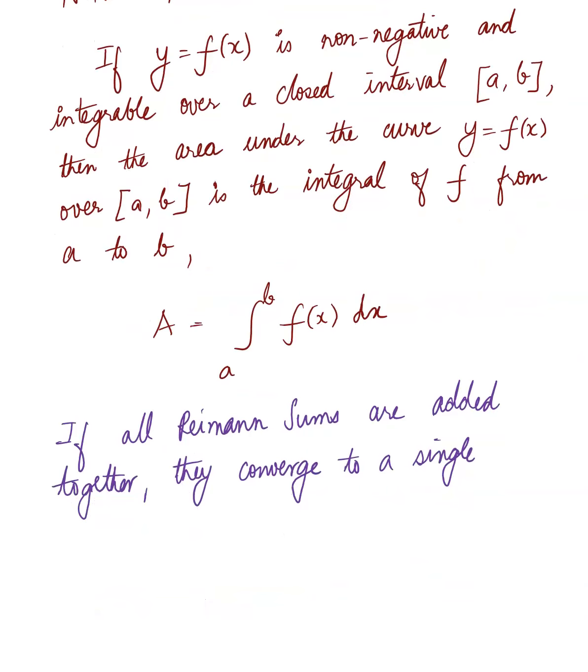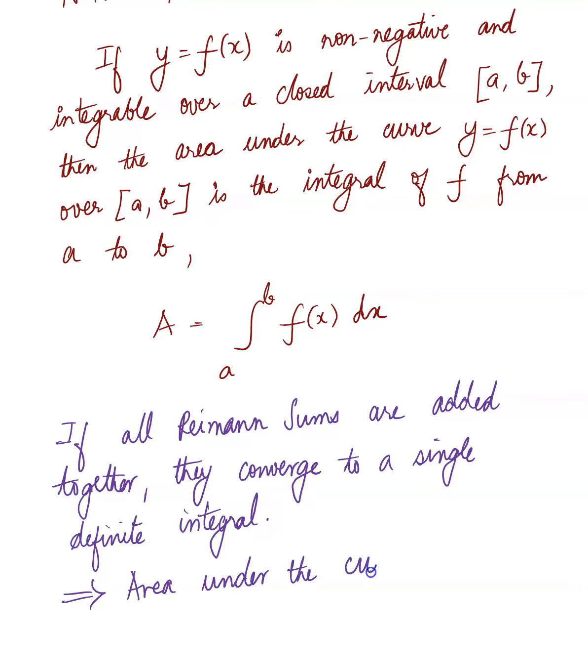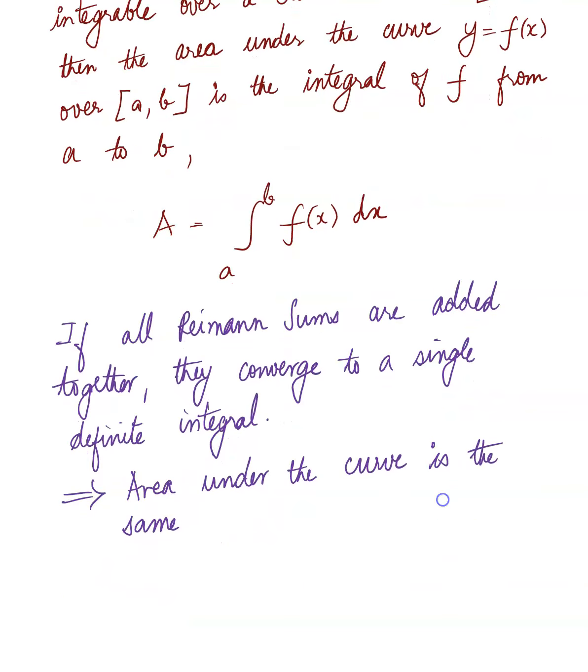Because this single integral in itself contains a collection of all antiderivatives. In other words, it implies the area under the curve is nothing but the integral of the function.